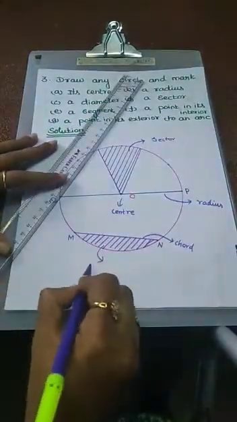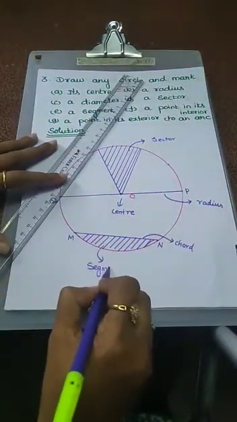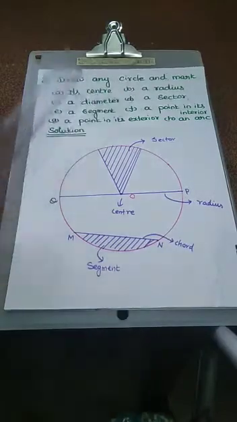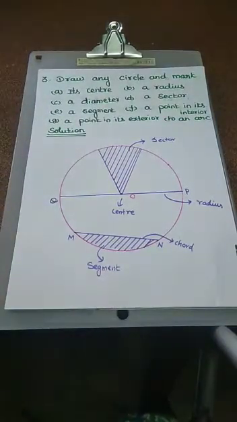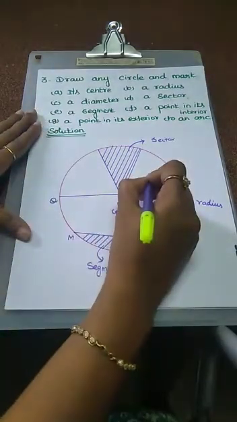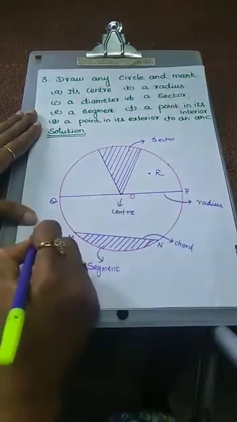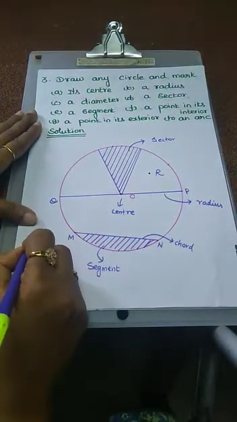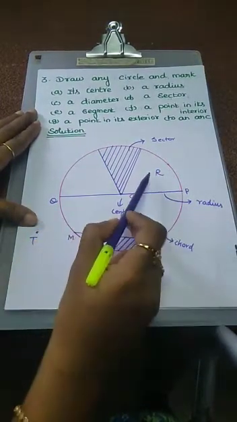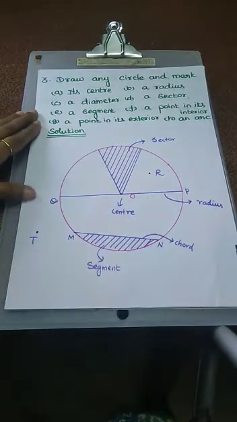This part is the segment. The next one, a point in its interior, and the next one, a point in its exterior. We just mention any one point. This is R. Here we mention one more point, that is T. So this point is in the interior, this point is in the exterior.